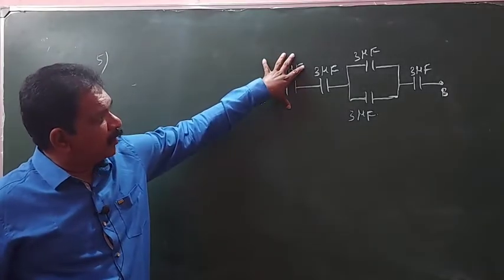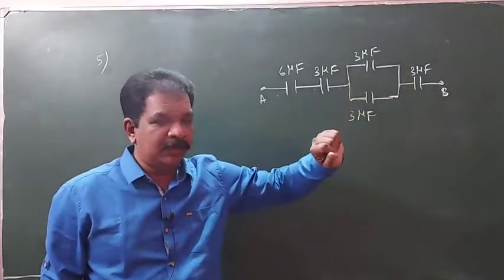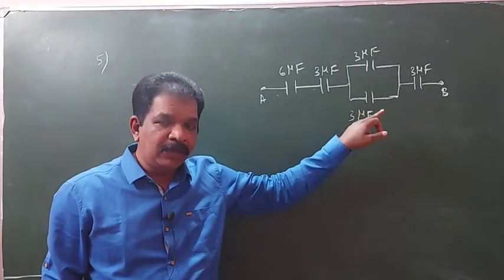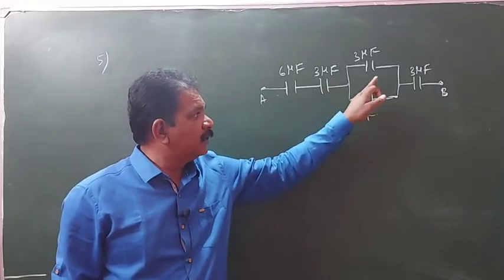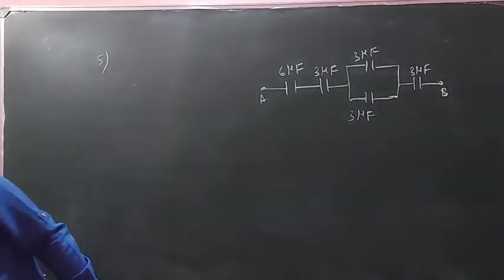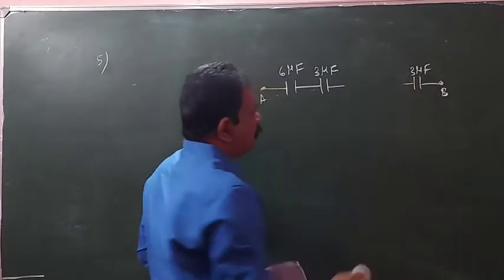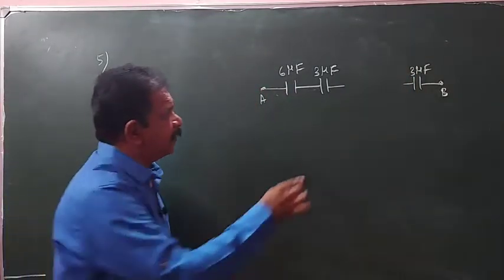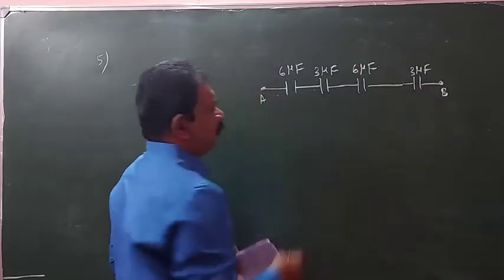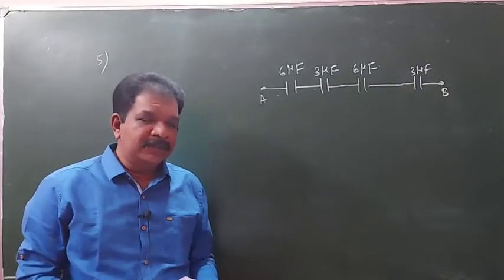Just keeping this out, we will find the effective capacity of the remaining. 3 will be in parallel, na? Effective will be how much? 6. 3, 6, 3, all will be in series. Point is clear? So, by removing these two, we can replace a single capacitor having capacity 6 microfarad. 3, 6, 3, all will be in series.